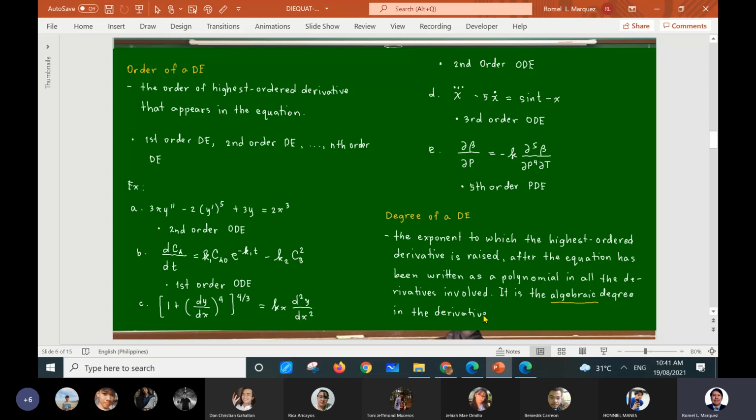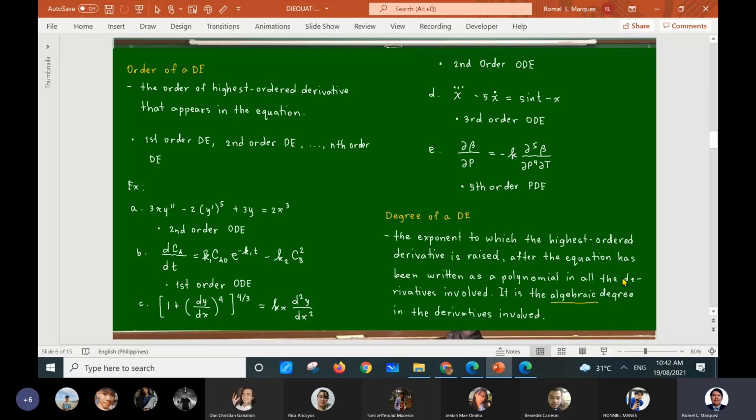Am I clear with this? Okay. We look only at the differential equation once it is already polynomial in all the derivatives involved, not in the dependent. Because there are actually two versions of the definition. What we normally follow in engineering is this definition. But there are authors who use a different definition: polynomial not just in the derivatives, but also in the dependent variable or variables.